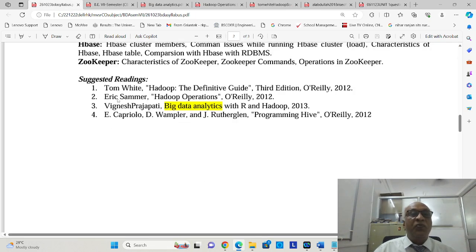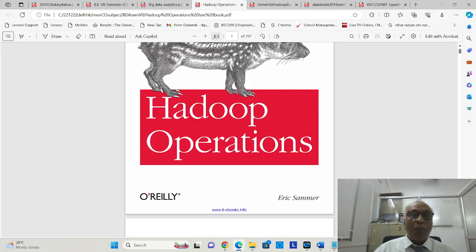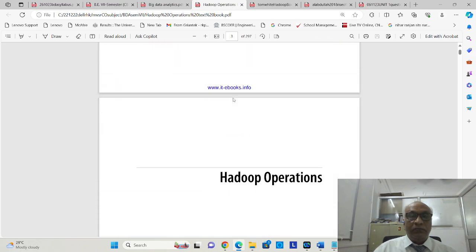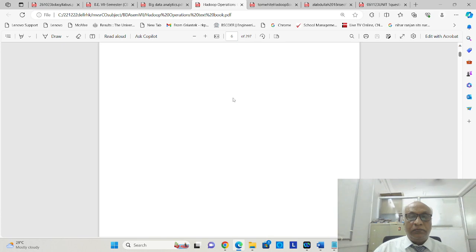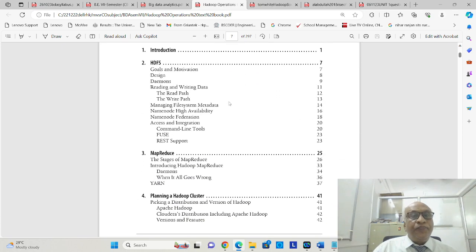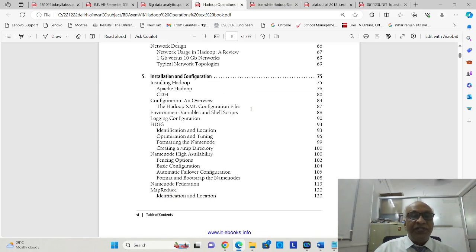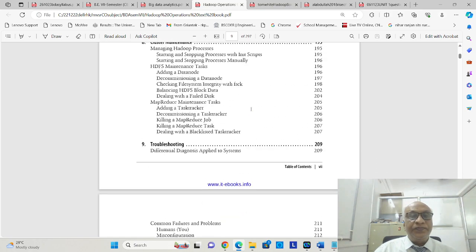The second book by Eric Sammer, Hadoop Operations. Let us look at it. This focuses on HDFS, MapReduce, Hadoop clusters, installation and configuration.